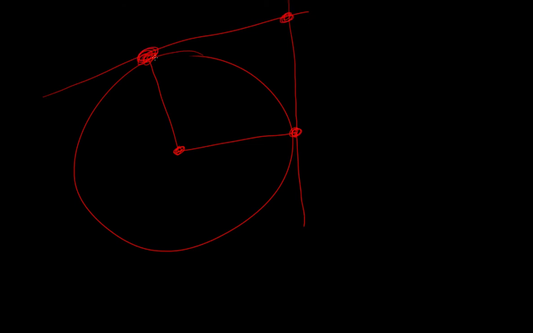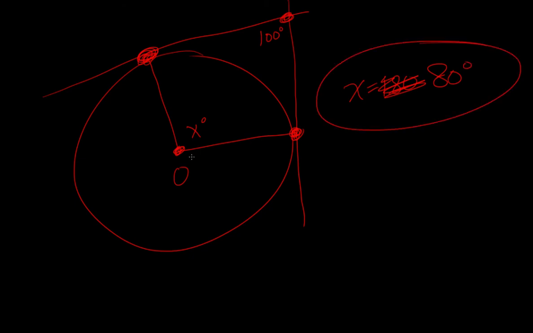I know they don't really look like it. And we're going to call this O. Actually, we don't really care what anything is. This one's 100, and we want to know what this is. The theorem says that these are supplementary, so they need to add up to 180. And so in this case, x is going to be, not 180, x is going to be 80. Okay, that's it on that one.